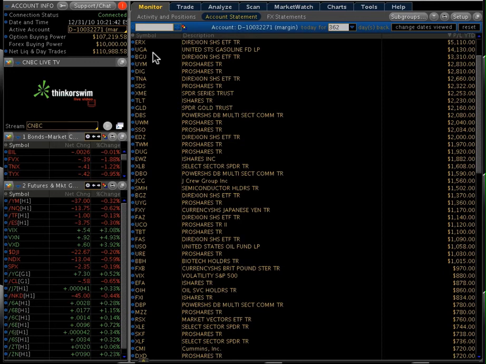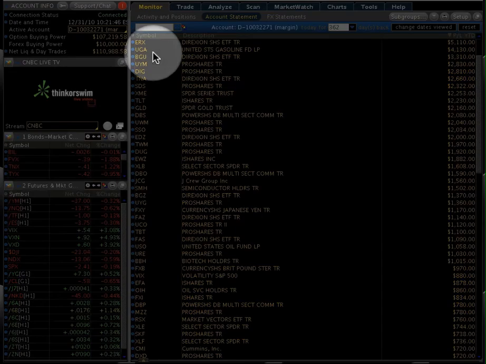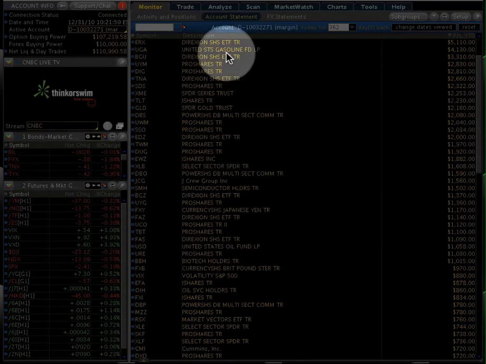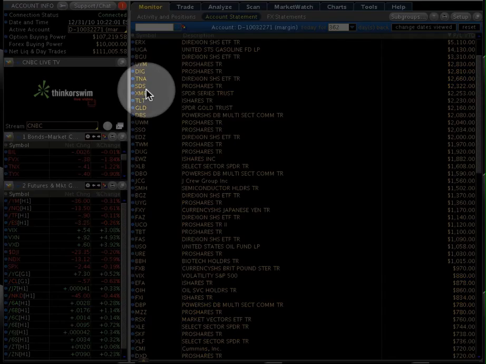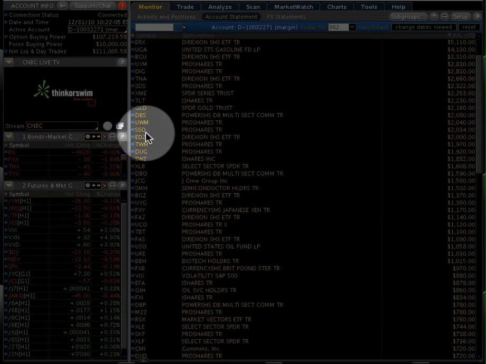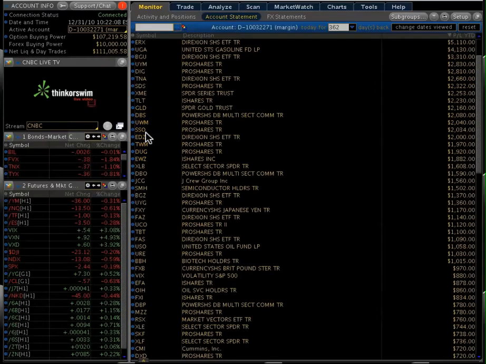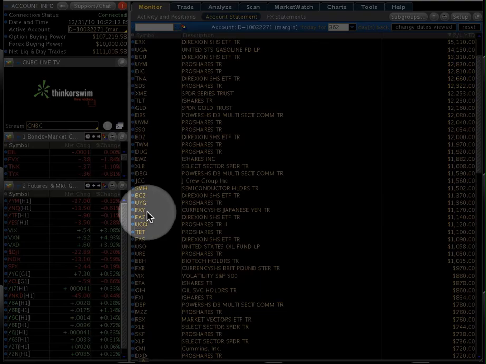This trading account was configured as a multi-asset class portfolio. With the traded products, you see UGA, gasoline, a commodity index. You also see leveraged equity indexes tracking the S&P 500 like the SDS and the SSO.